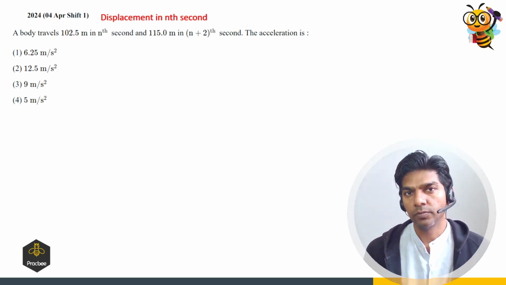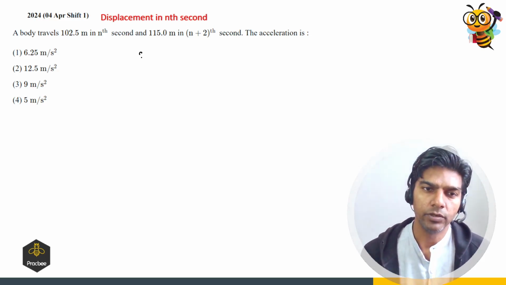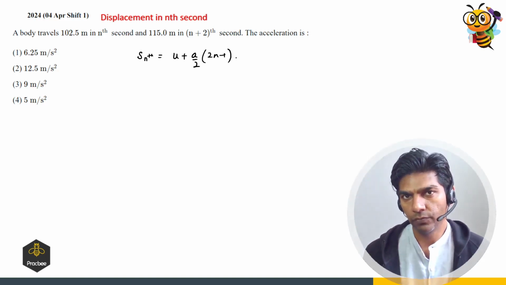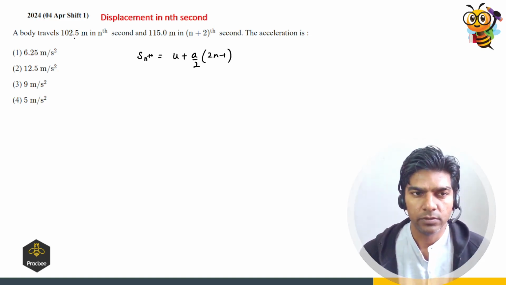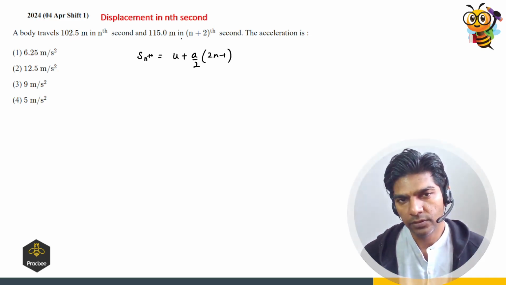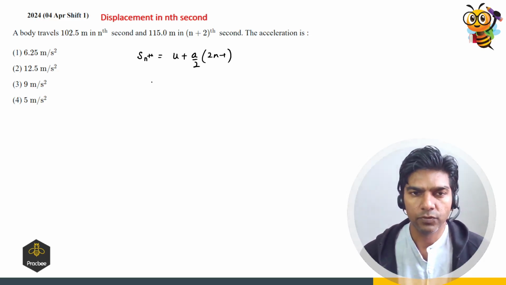Now the next problem type is based on the displacement in nth second, and here we're going to use this formula: S nth is u plus a by 2 times (2n minus 1). Again, this formula is applicable if we have a uniformly accelerated motion, right? A body travels 102.5 meters in the nth second and 115 meters in the (n plus 2)th second. The acceleration is, let us apply this formula 2 times.